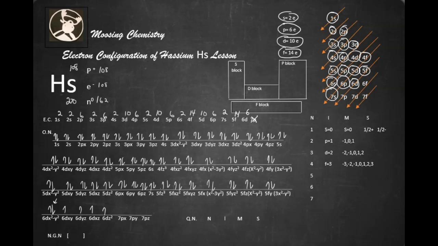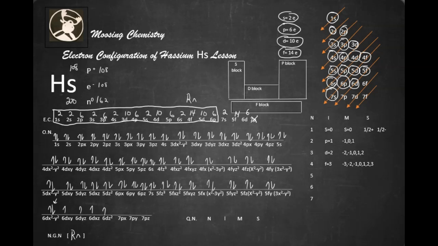Now, noble gas notation is intended to make this long electron configuration really shortened. So you put Rn as the nearest noble gas. You can't use the one after Hassium, because it hasn't occurred yet, right? So use the one right before, and there we go. Pretty simple, and that's Rn right there.